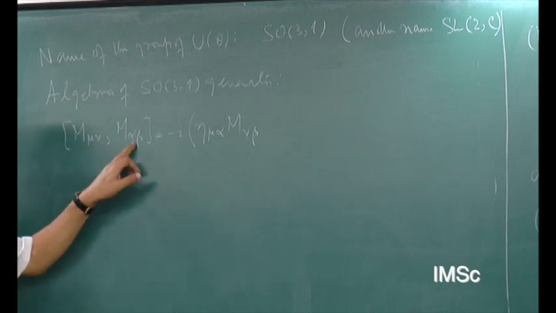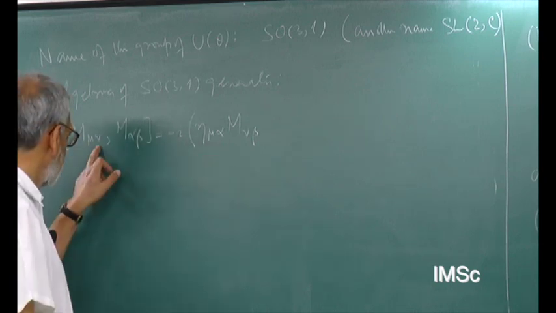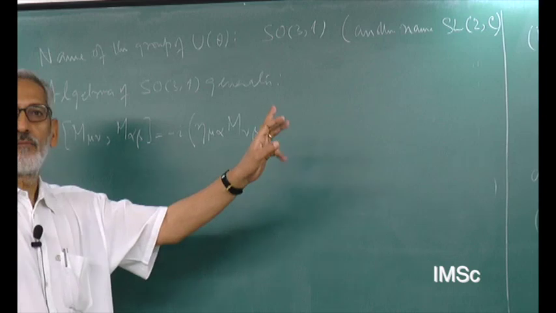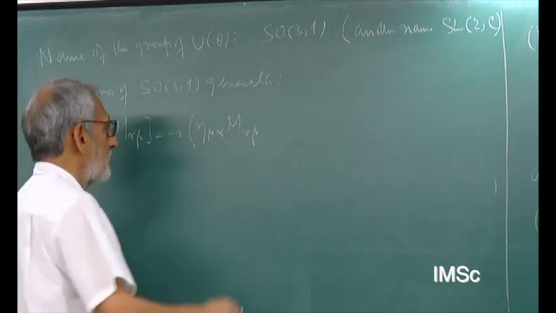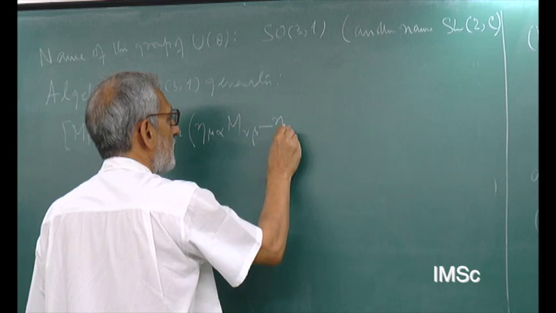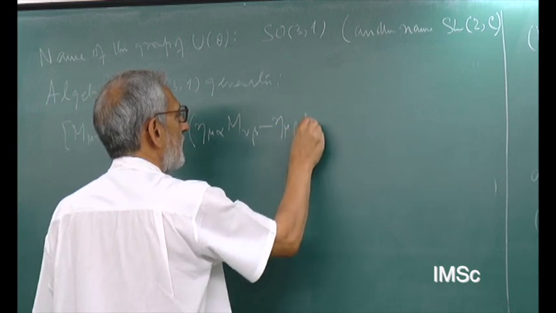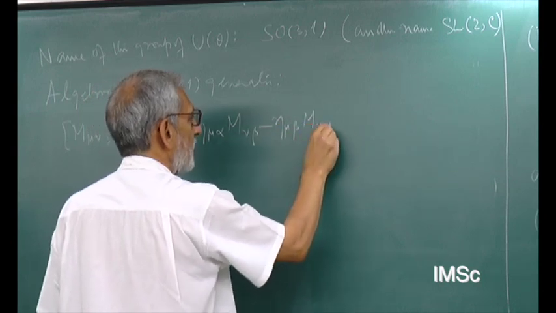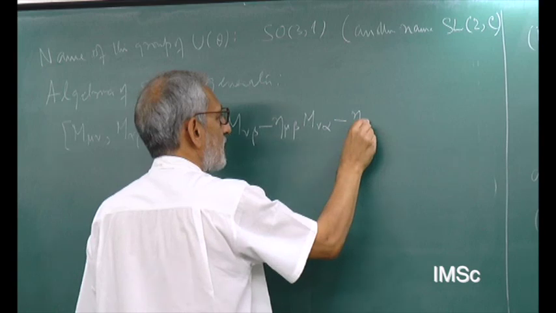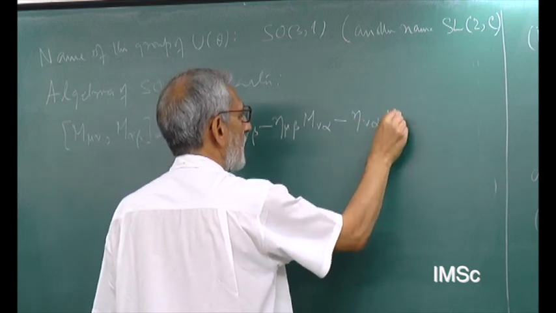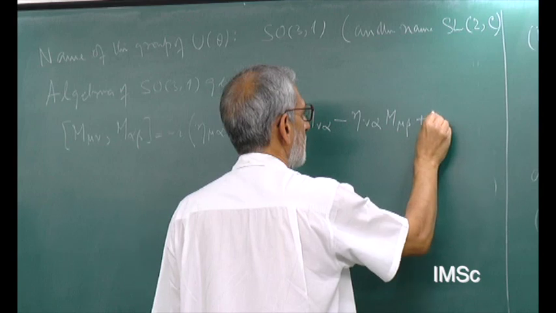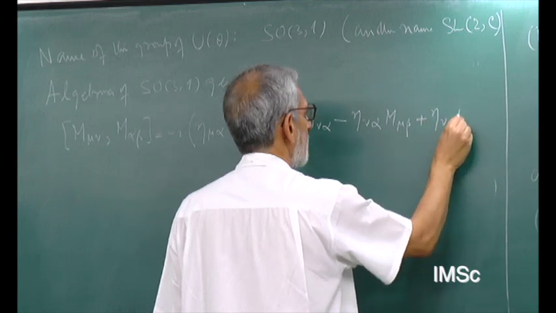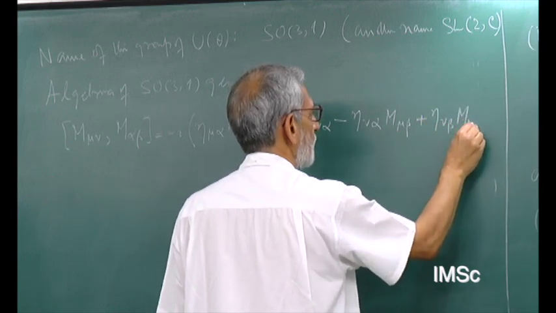Take the first index here, take the first index eta here, take the second one, and then antisymmetrize pairwise. So minus eta mu beta M nu alpha, minus eta nu alpha M mu beta, plus eta nu beta M mu alpha.